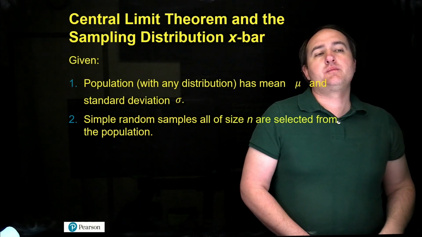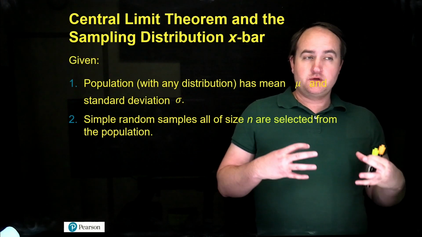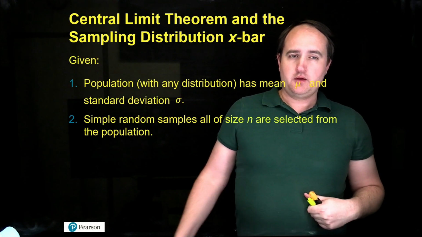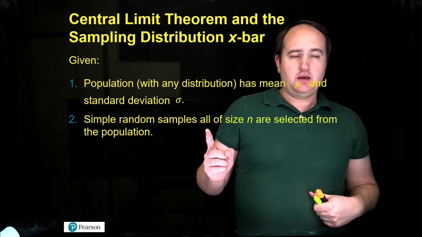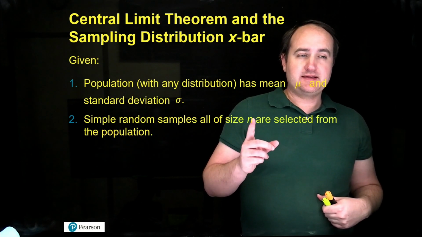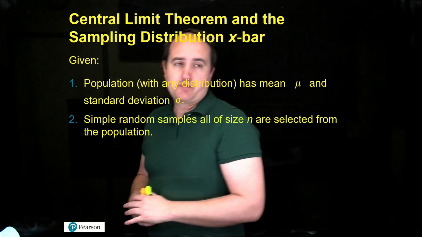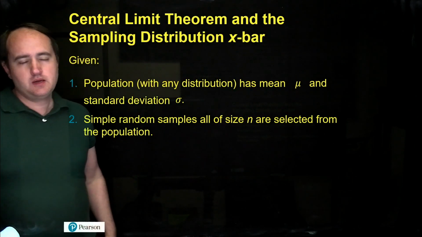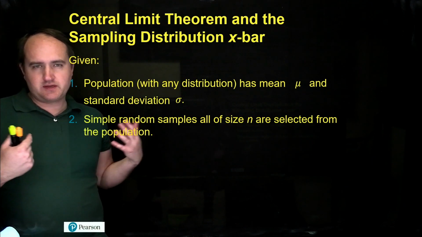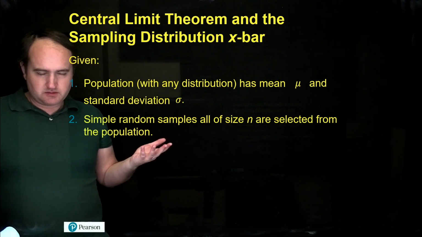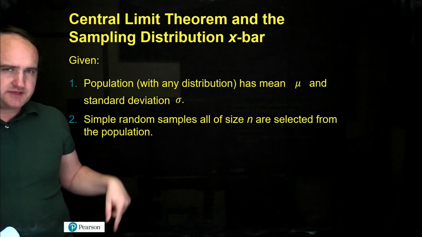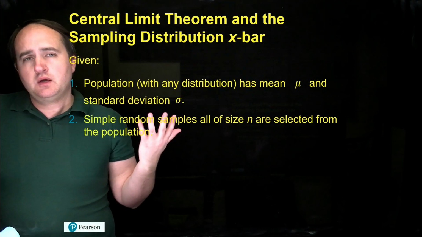And then when you're selecting your samples, they have to be simple random samples, and they all have to be of size n, and they have to be selected from the population. But when you're doing your homework, quizzes, and exam, they're already going to satisfy these conditions. So this slide probably isn't going to be particularly helpful. It's just here for your education about it, really.